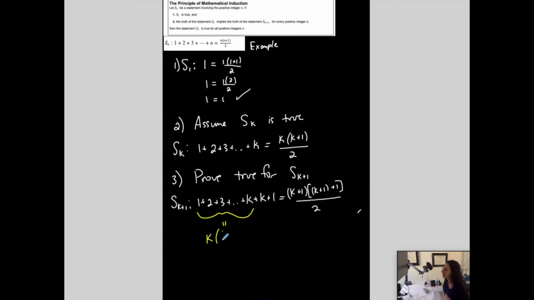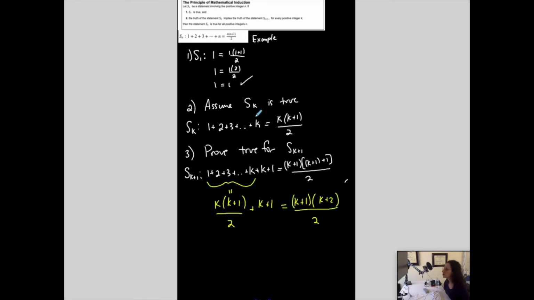K times k plus 1 over 2. But that's just this part of the statement. Now I have to continue. Plus k plus 1 should be equal to this statement, k plus 1 times, I might just simplify this, k plus 2 over 2. Right?